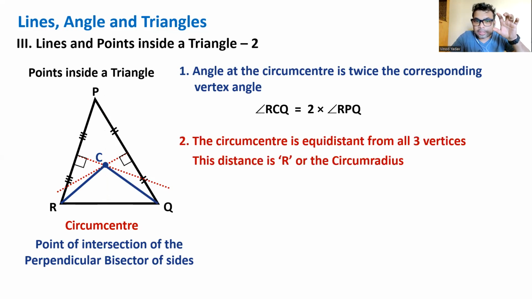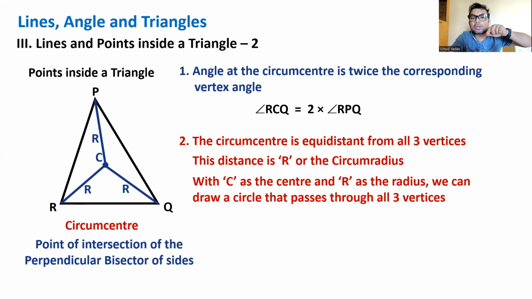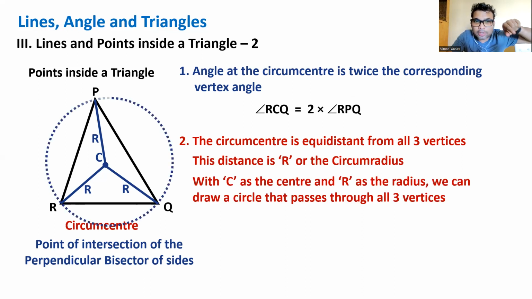Cool. Now this circumcenter, the location of this circumcenter is such that it is equidistant from all the three vertices, all the three endpoints, all the three vertices, friends. And that is the circumradius. So you can take that point as center, take that fixed distance as radius, and you can easily draw a circle which will touch all the 3 points from outside.